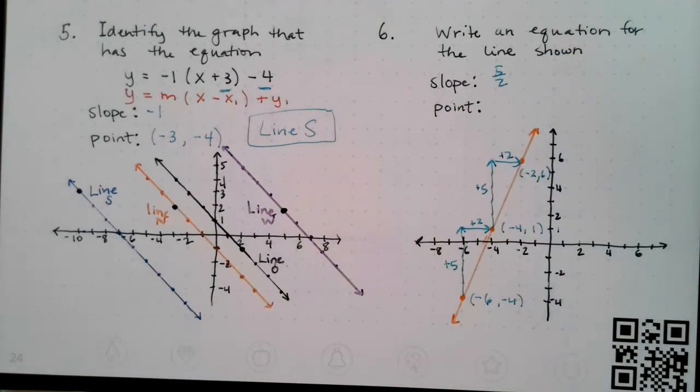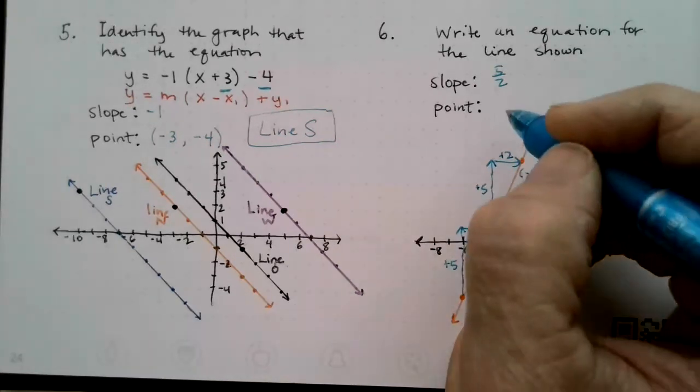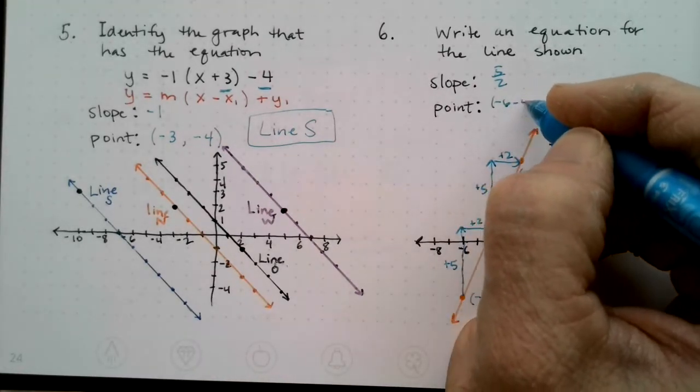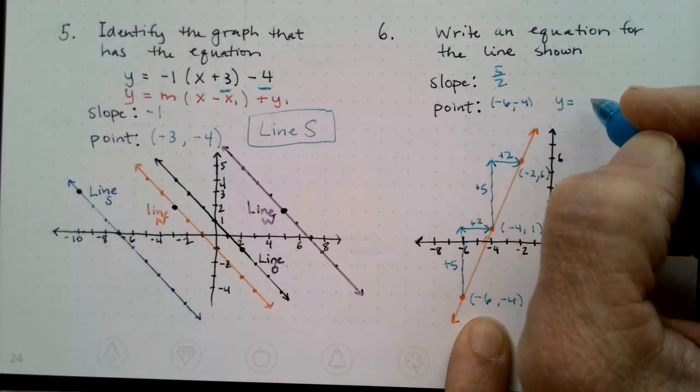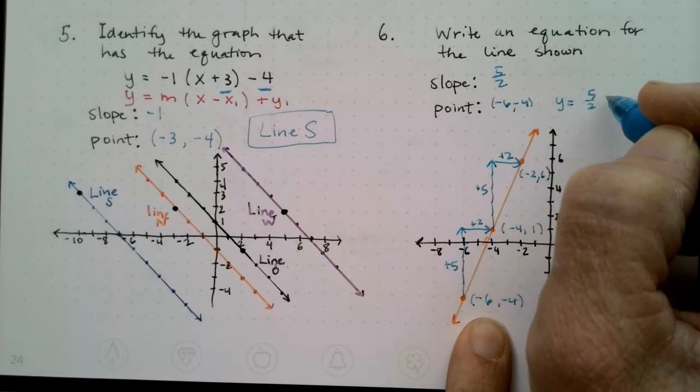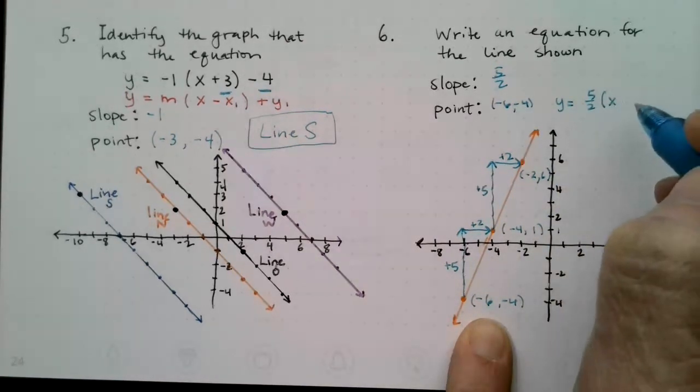And then we have many points. And so let's take a look at each of these points, and we'll write an equation for each of these points. You only have to write one. So if I take this point down here of -6, -4 as my point, my equation would be y equals 5/2 and then x.